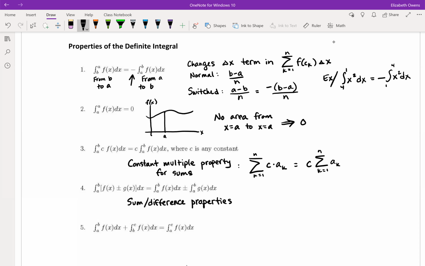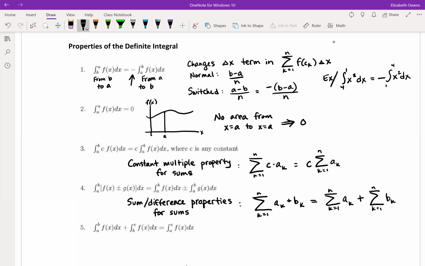They said if you had a single summation with two different sets of terms within it, like a sub k plus b sub k, this one's a sum property since I'm adding those two things together, you could split that up into two separate summations and then add those separate sums together.